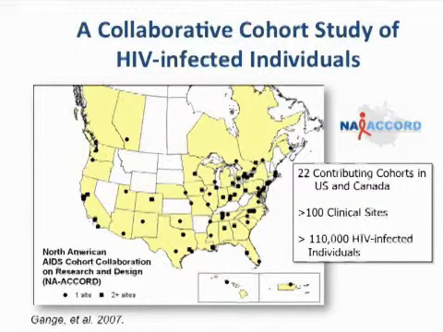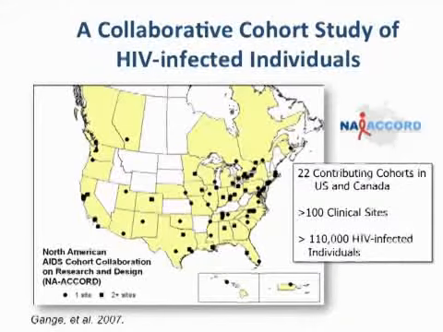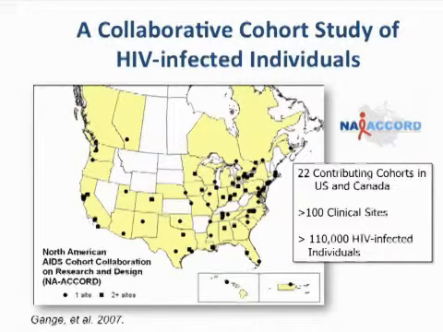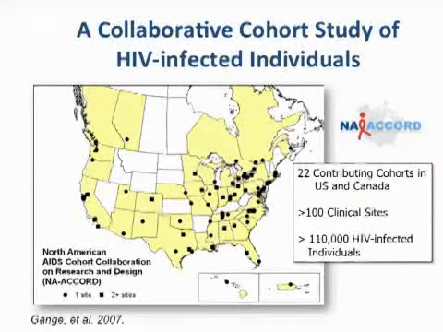So we did this using a collaboration of cohort studies under this umbrella of NA Accord, which stands for the North American AIDS Cohort Collaboration on Research and Design. This is a collaborative cohort study of over 22 cohorts in the US and Canada, constituting over 100 sites and 110,000 HIV-infected individuals. So for a lot of reasons, it was the perfect data set to address this question.